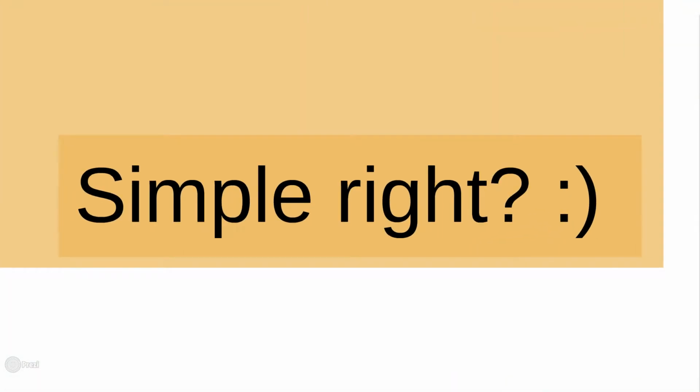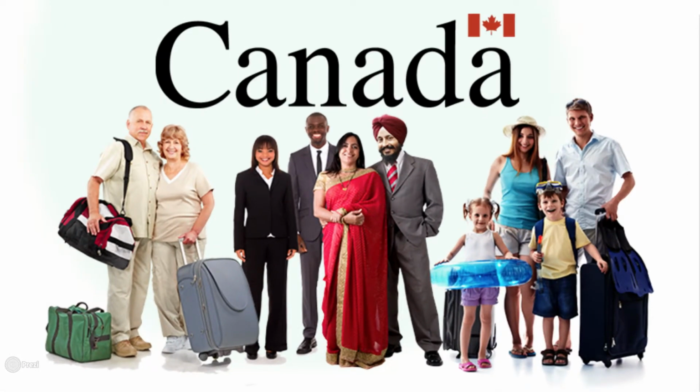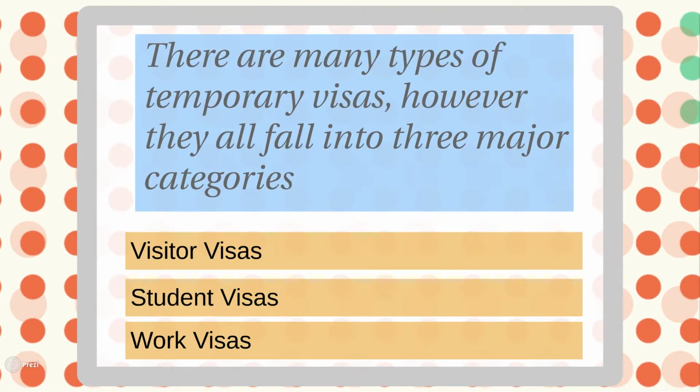Sounds simple, right? Well, not so much. Every year, there are hundreds of thousands of people that want to come to Canada to stay here either temporarily or permanently. So the Canadian government has to regulate these, and they do this through restrictions and limits for the type of visas that they issue to people every year wanting to come to Canada.